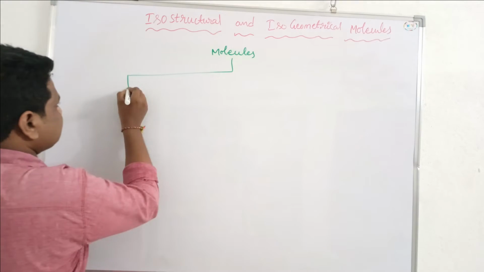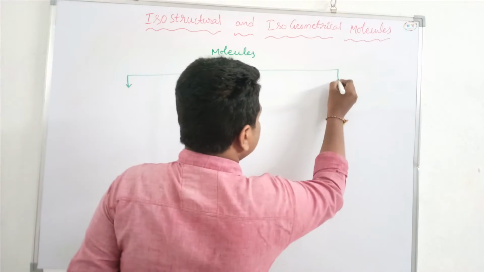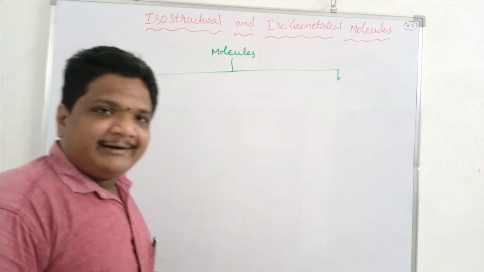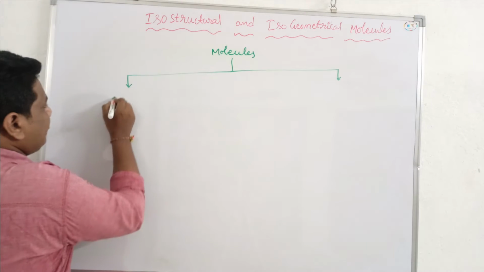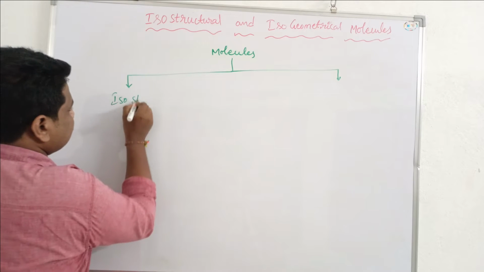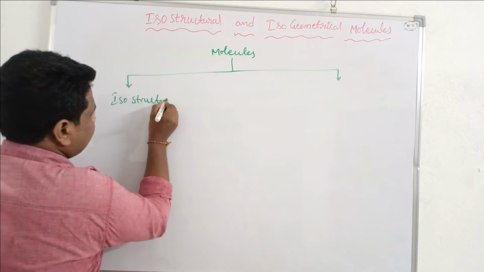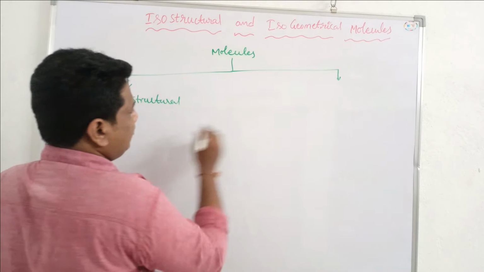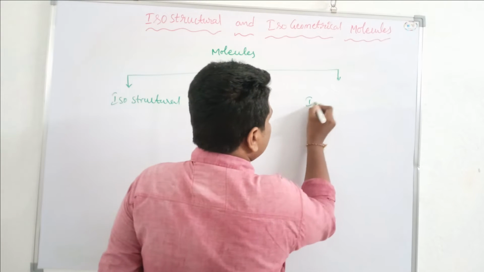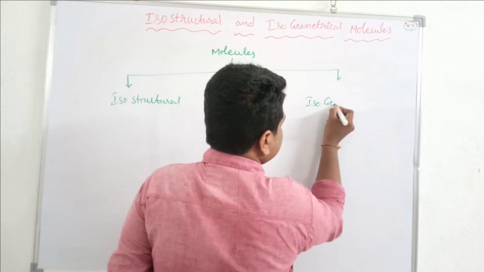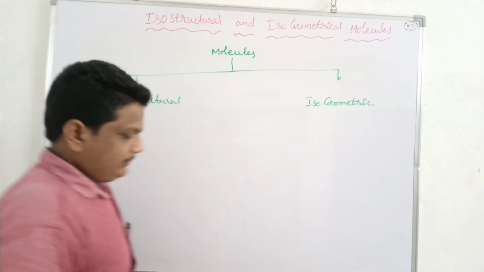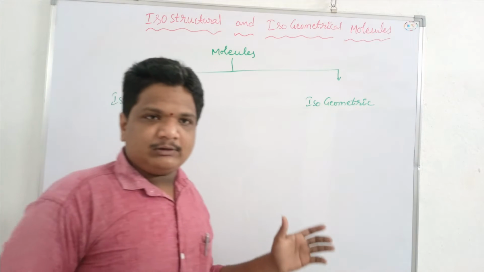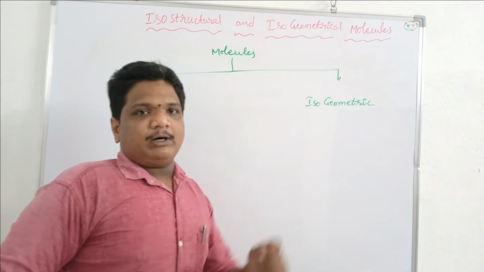One is isostructural, and the second one is isogeometric molecules.